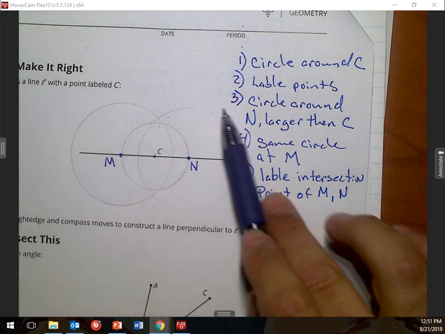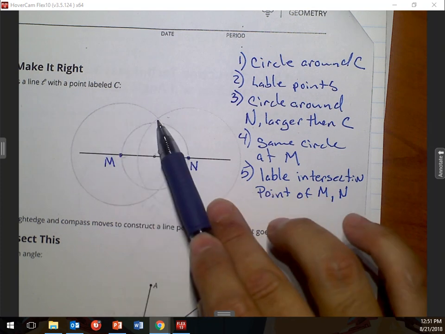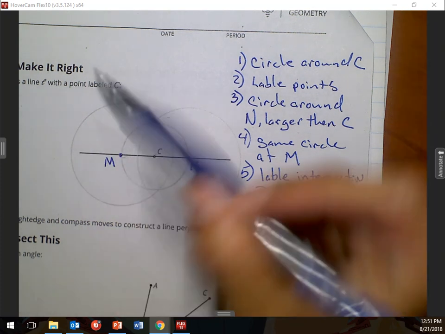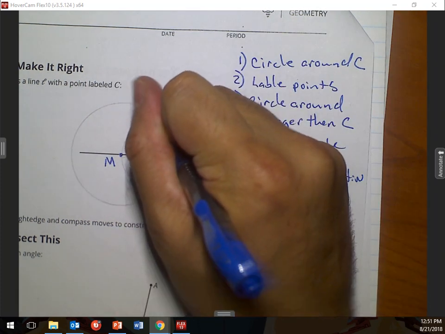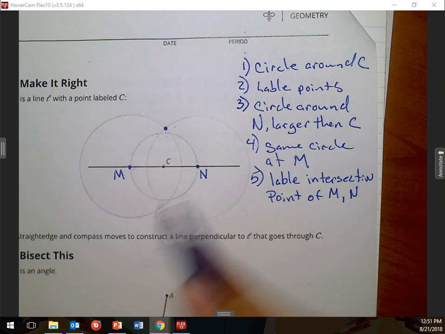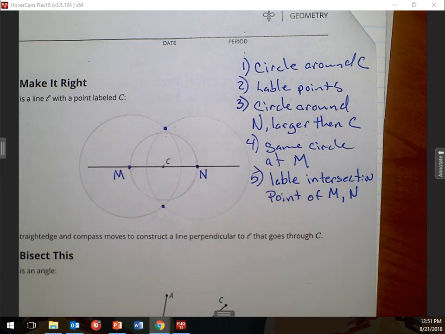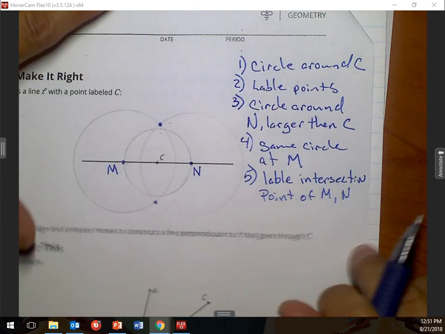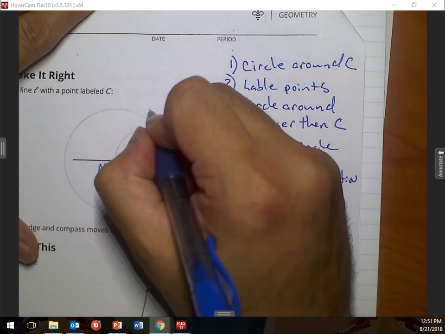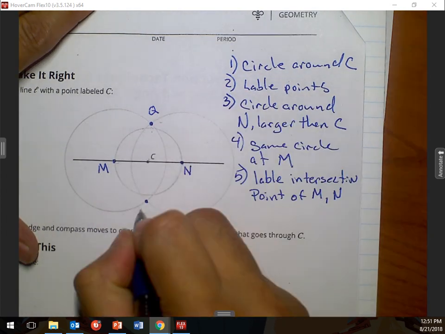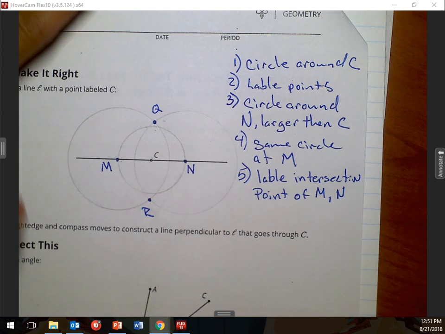So if you notice, circle N and circle M intersect right here, don't they? So I'm going to label that point. And down here on the bottom, they also intersect right here, don't they? So labeling those, I'm going to call that one Q and that one R. If you notice, I'm just making up alphabet here.